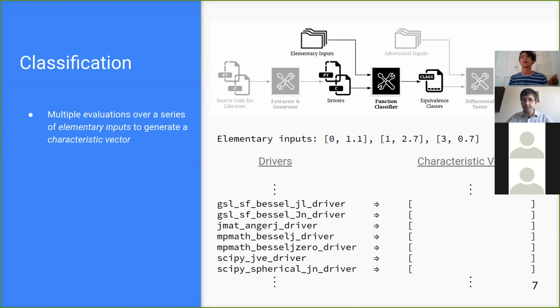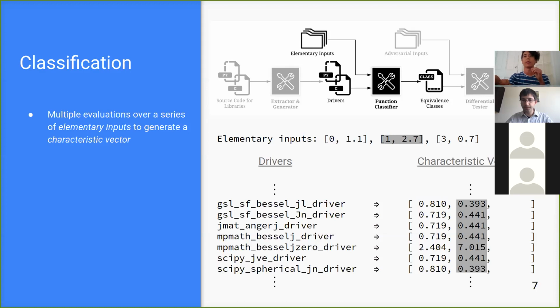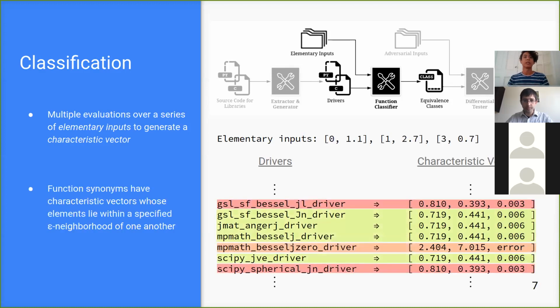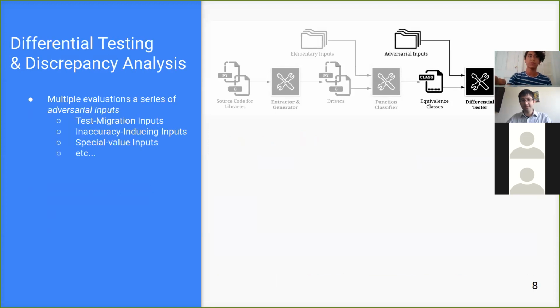We have drivers in the left column and characteristic vectors in the right column. As we evaluate all of these drivers over each of the elementary inputs, we populate our characteristic vectors. Ultimately, function synonyms are the drivers corresponding to the functions that have the same characteristic vectors. Here we see highlighted in yellow a subset of the equivalence class used in the example previously, representing regular cylindrical Bessel functions.